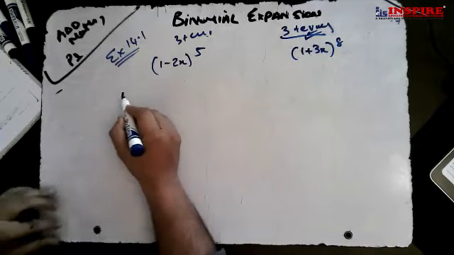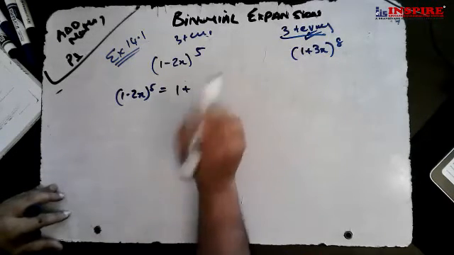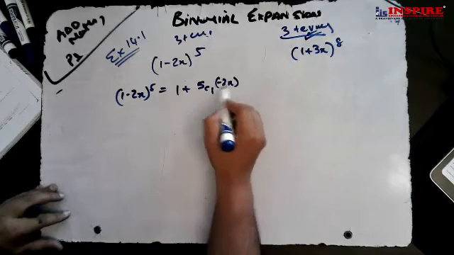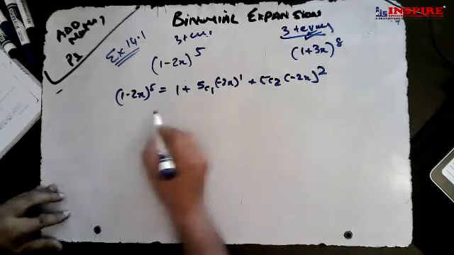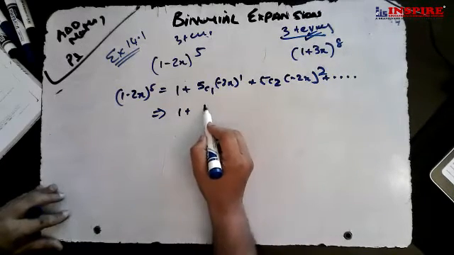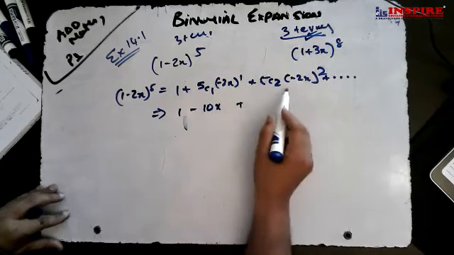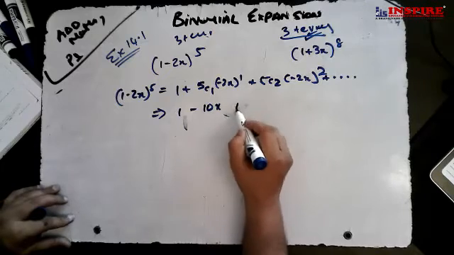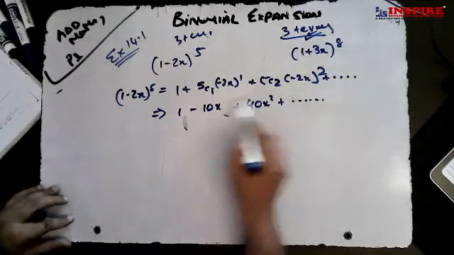I'm impressed. 1 minus 2x to the power of 5 is equal to 1 plus 5c1 minus 2x to the power of 1 plus 5c2 minus 2x to the power of 2 plus dot dot dot, which is 1 plus 5 times minus 2, that is minus 10x, plus 5c2 is 10, 10 times 4 is 40x squared, plus dot dot dot. Leave this.